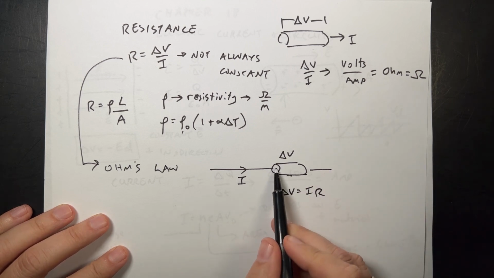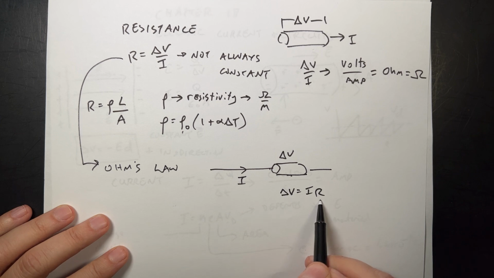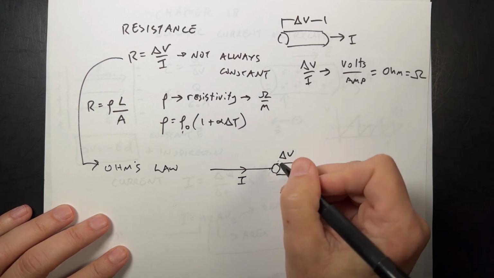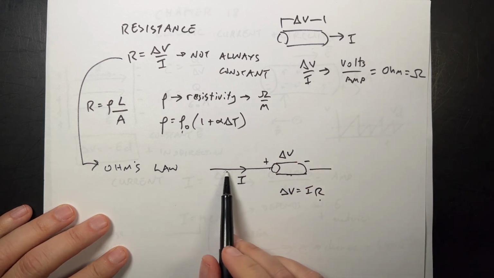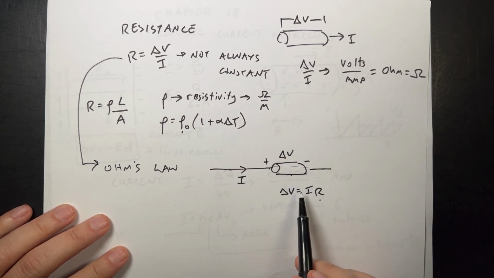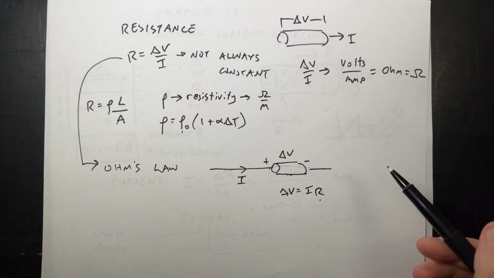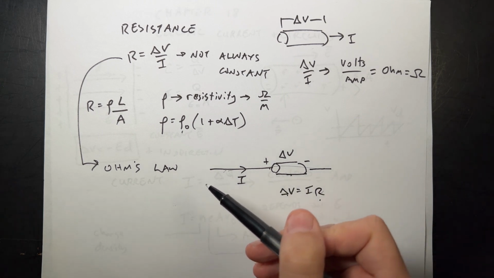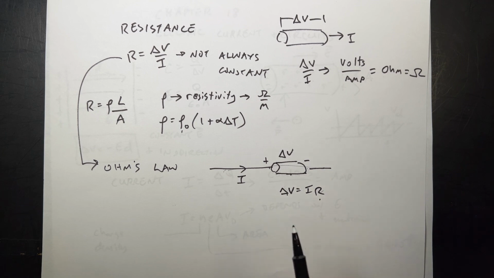So the change in voltage going from this side to that side is the current passing through it times the resistance. Now, if the current's going this way, this side's going to be plus and that side's going to be minus. So if I go in the same direction as the electric current, delta V is actually going to be negative, right? We always write it like this because it depends on the direction you're looking. If I'm going across this way against the current, I'm going to go from negative to positive, so I'm going to have a positive change in voltage. That's really important for the next two things.